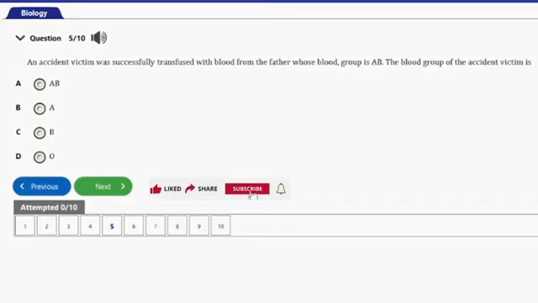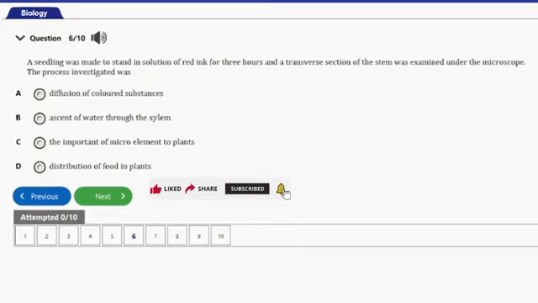Let's go ahead and consider the next question. That's question number 6. It says, a seedling was made to stand in solution of red ink for 3 hours, and a transverse section of the stem was examined under the microscope.